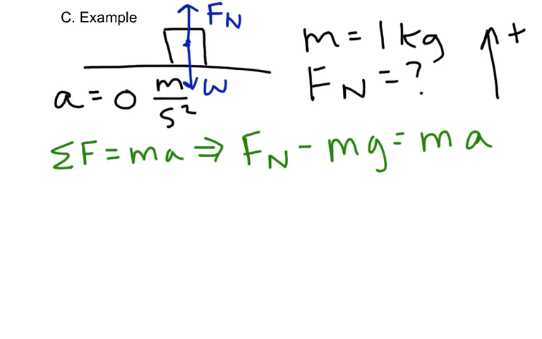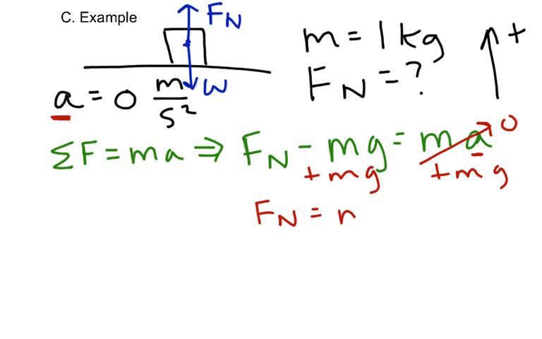Now, the acceleration is 0. And so if we plug in 0 in this formula, we know that 0 times anything is 0. And if I add mg to both sides, I see that the normal force is actually equal to the weight.